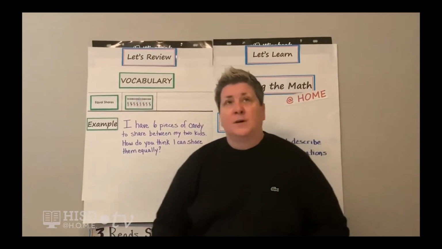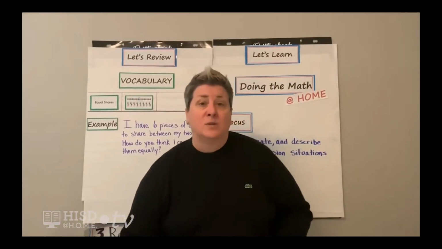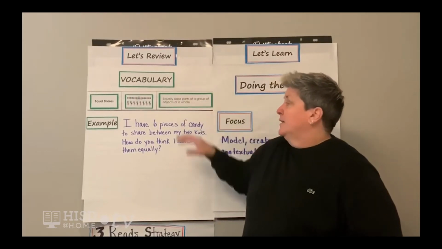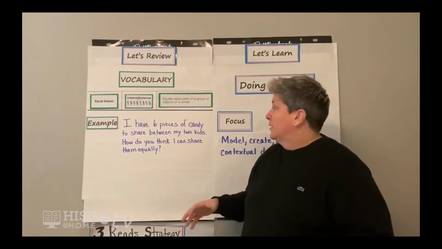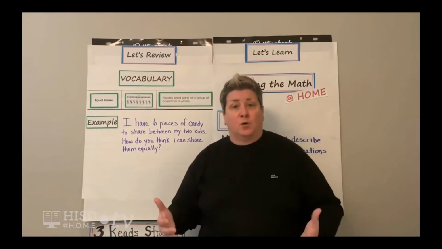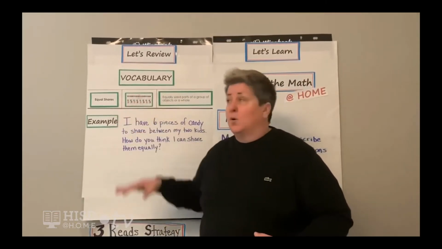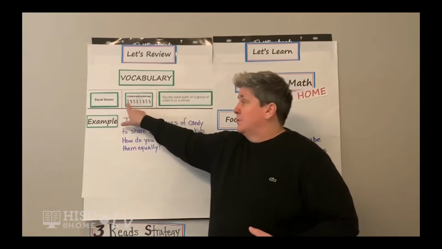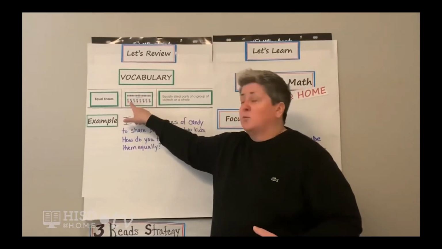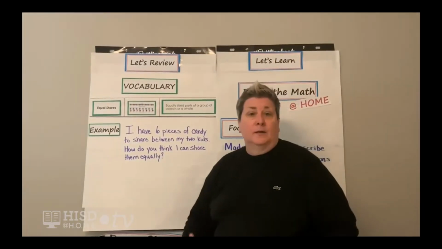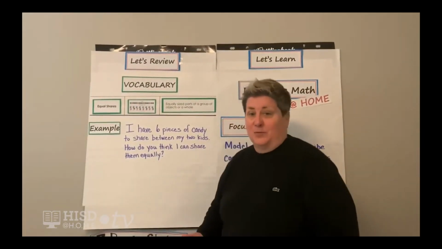When we define what equal shares is, we're really talking about equal sized parts of a group of objects or a whole. So in my example, the 16 buttons are the whole, and I have partitioned them or grouped them into equal sized parts.